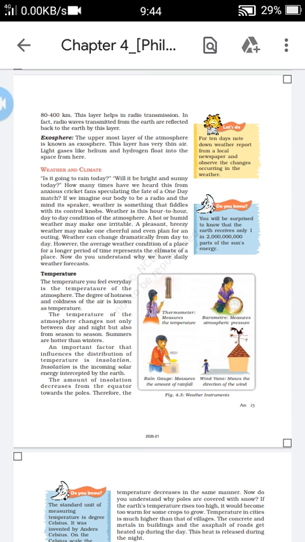And the temperature in cities is high, and in villages it is low. In urban and rural areas, the temperature is totally different from each other. Why?